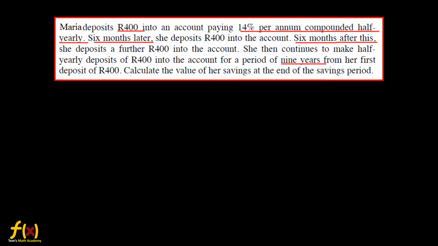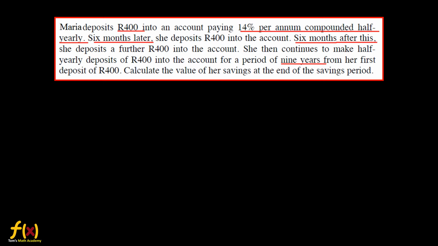Maria deposits 400, 14% per annum compounded half yearly. Paying 400, then 6 months later, not the next month, after 6 months, she continues after every 6 months paying 400. How many years? 9 years.